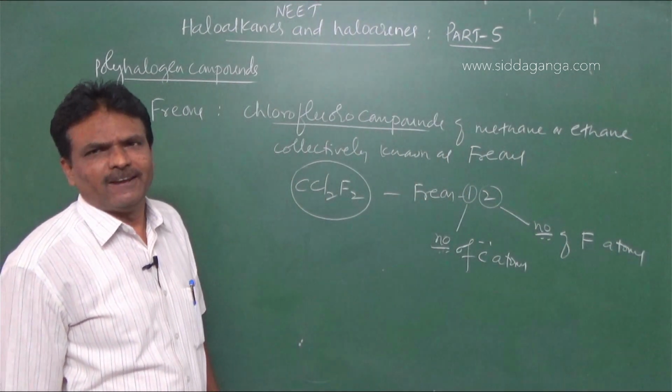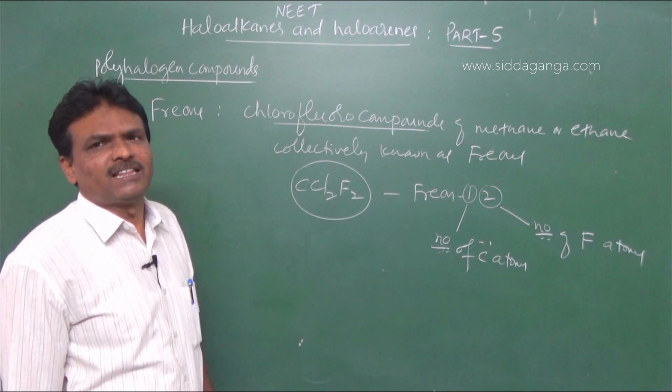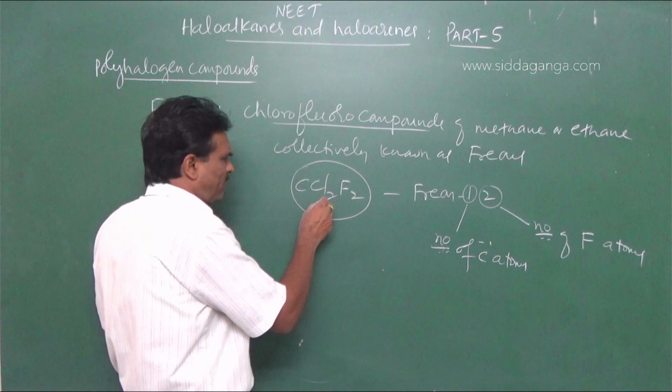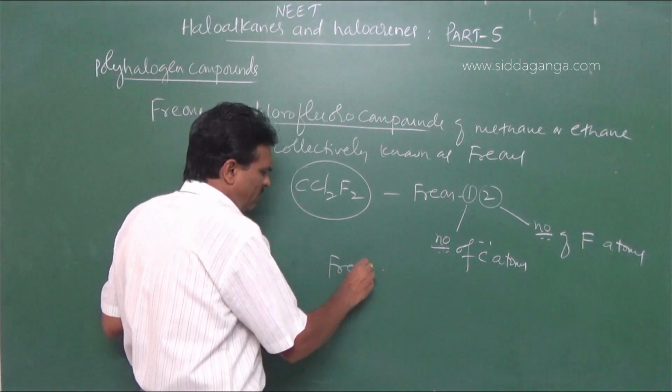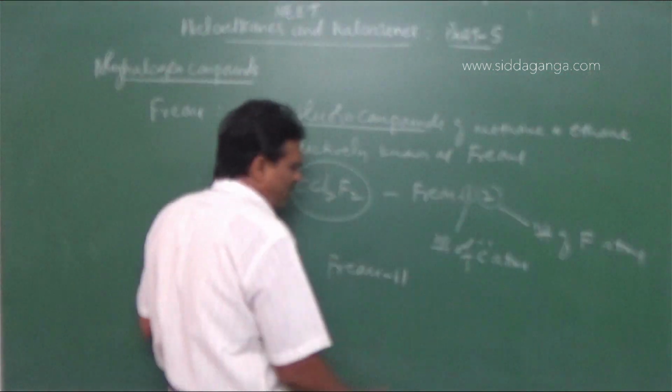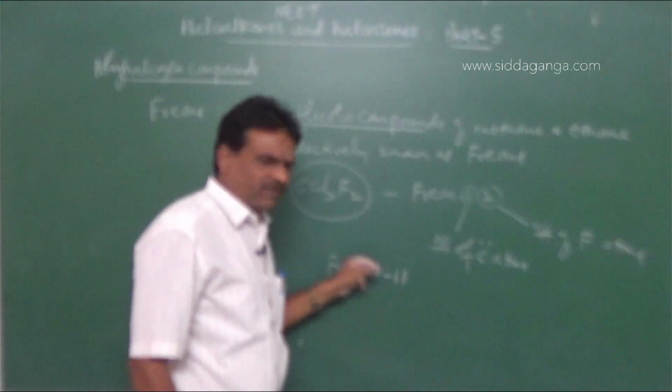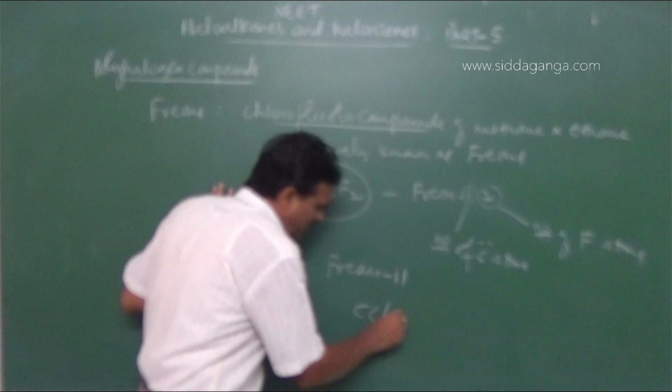Freon 1,1 is CCl3F. So freon 1,1 contains 1 carbon atom, 1 fluorine atom. So therefore that is CCl3F.